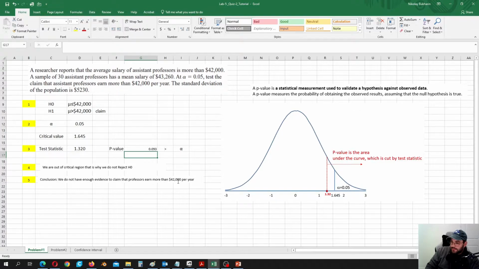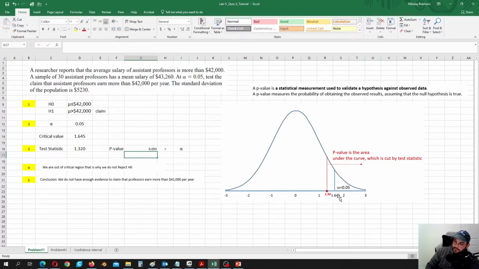As you can see, absolutely the same thing. In the critical value method, we were taking our alpha and inverting it to the z-score, the critical value, and then comparing the critical value to the test statistic. Here we do vice versa.